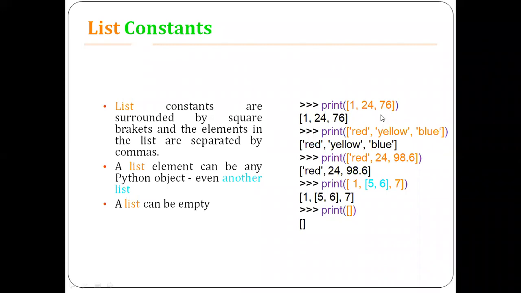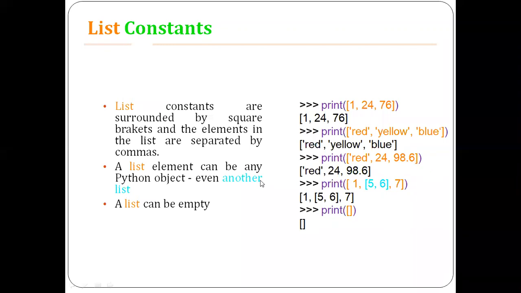All the list constants are enclosed within square brackets, and each element is separated by a comma. And you can have any combination of the data types, right? Either only strings, only decimal numbers, or only float numbers, or a combination of anything. Like here we have a string, a decimal number and a floating point number.